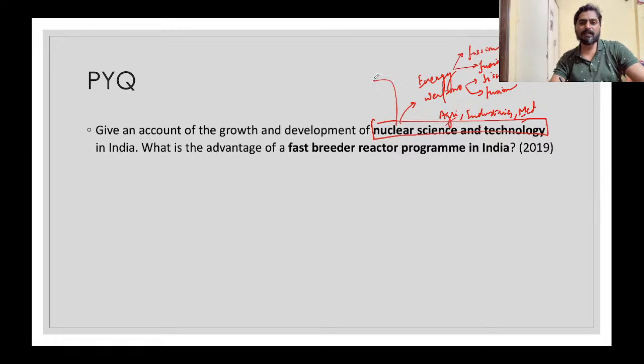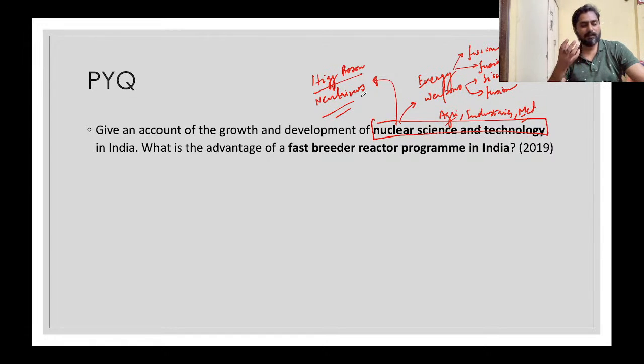Then nuclear science and technology also includes your understanding of what is inside the nucleus. You would be hearing about the Higgs boson. So your understanding of the Higgs boson and neutrinos also comes under nuclear science and technology. When you say nuclear science, it means the nucleus, what is inside the nucleus, and you have to understand that.